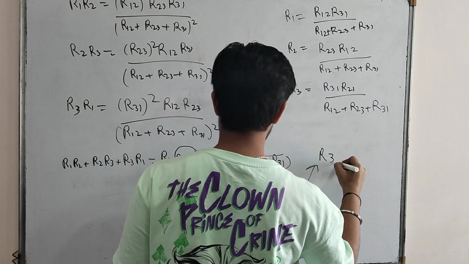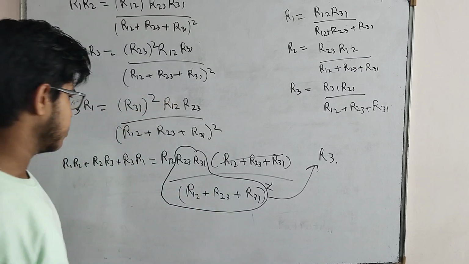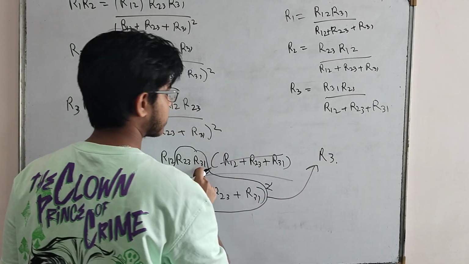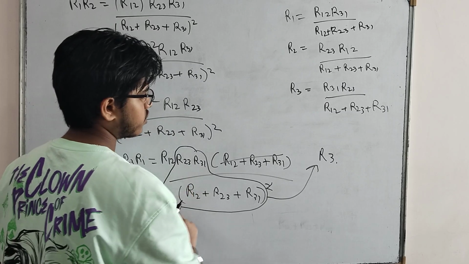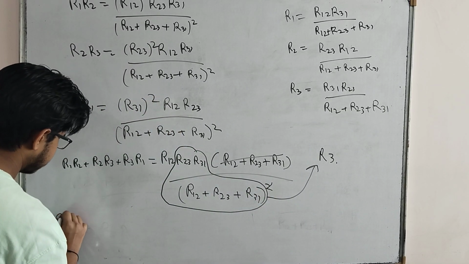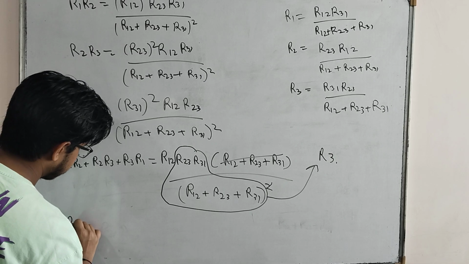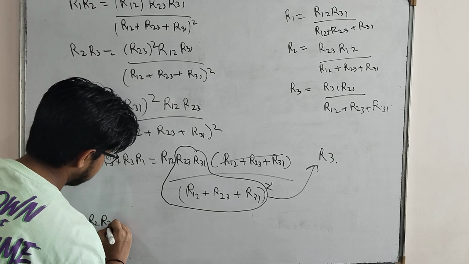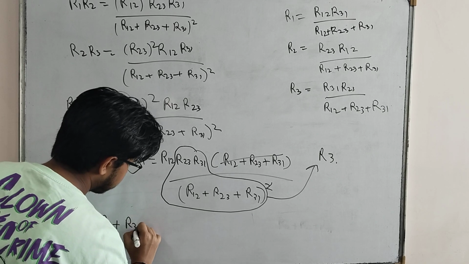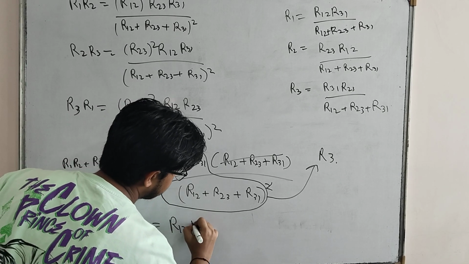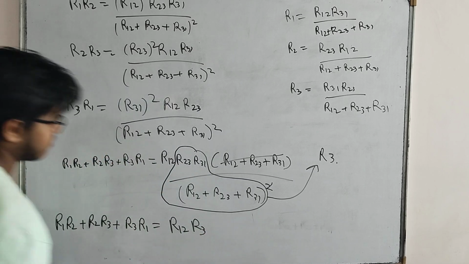If I am not wrong, this entire thing is equal to R3, because R3 is equal to R31 into R23 whole divided by this whole thing. So we can also write it as R1 into R2 plus R2 into R3 plus R3 into R1, which is equal to R12 into R3.